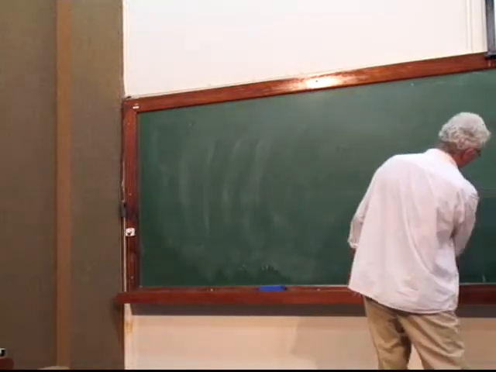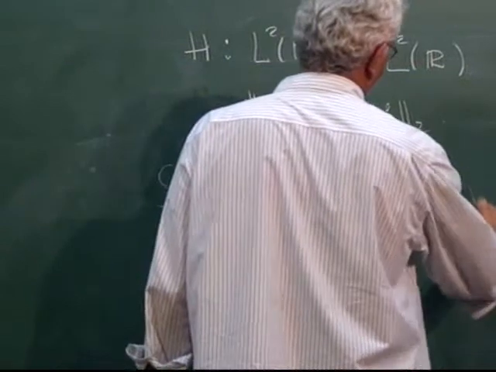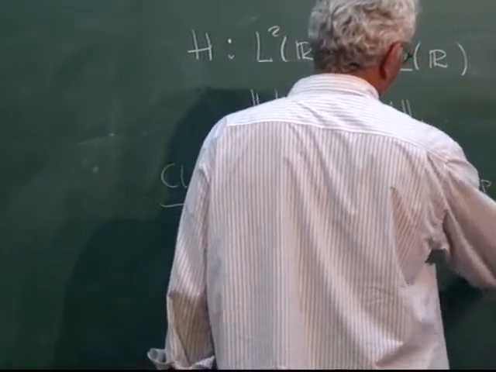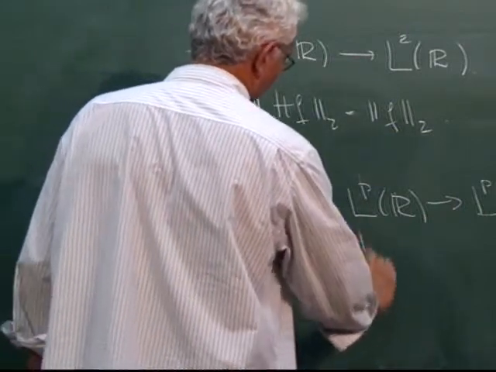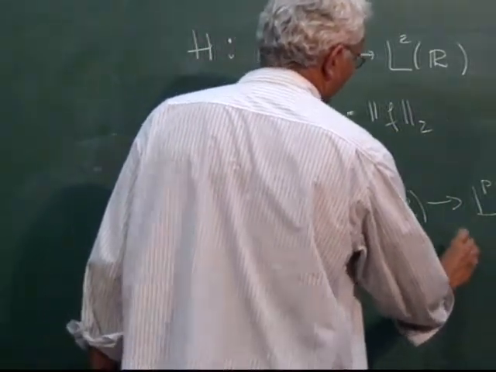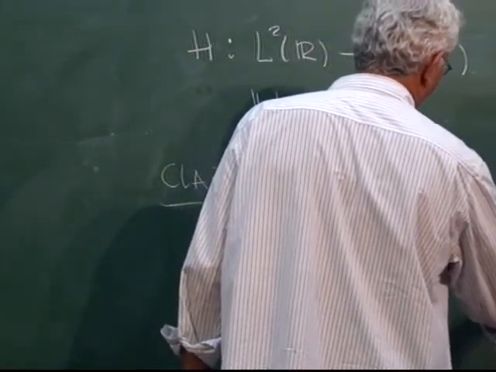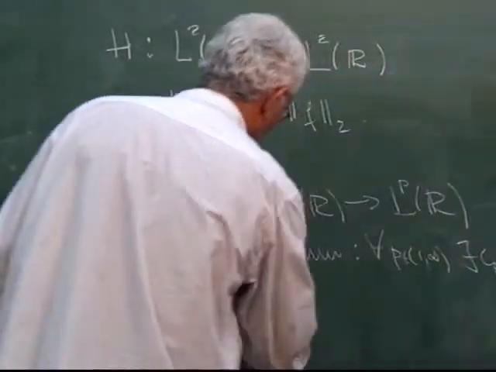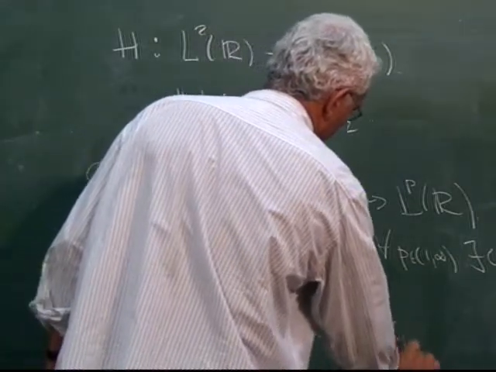We want to prove that the Hilbert transform maps L^p into L^p continuously. That is, for all p in (1, infinity), there exists C_p such that the norm of the Hilbert transform of f in L^p is at most C_p times the norm of f.